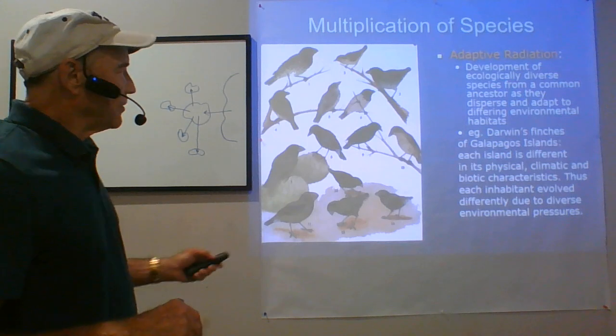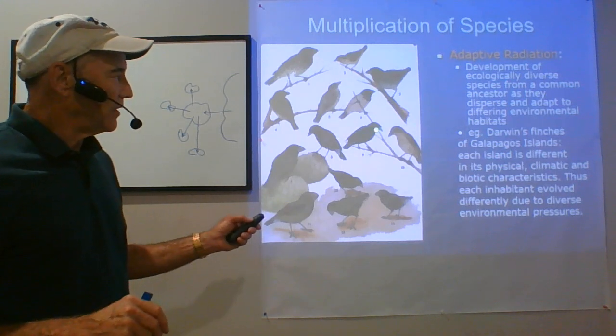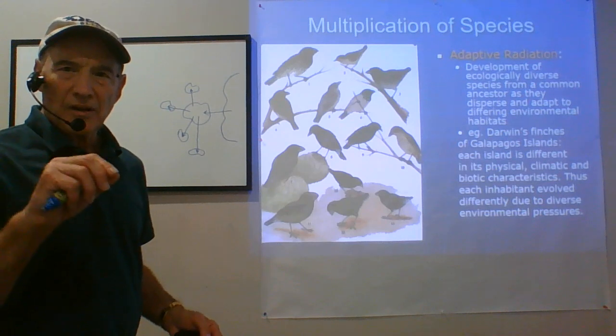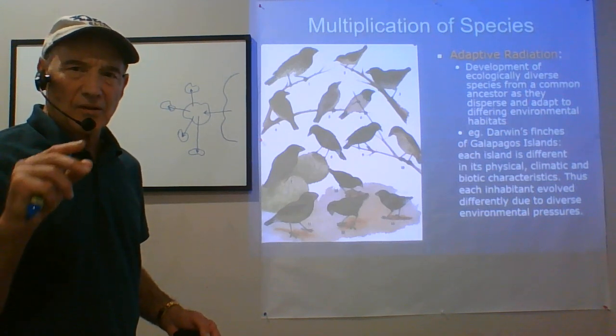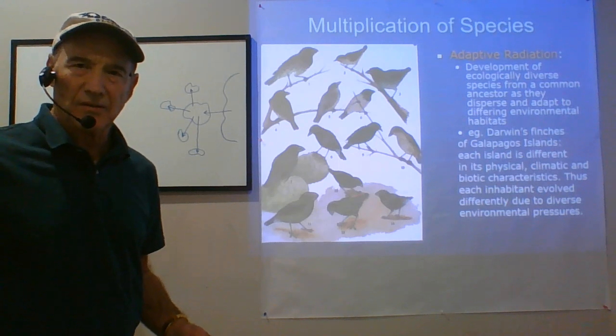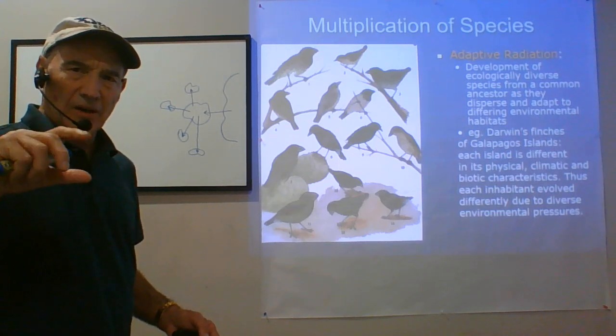Whereas on another island, this guy is eating a lot of bugs. He didn't have nuts to eat, so his beak didn't evolve stronger over time. Through the generations, it didn't evolve bigger.